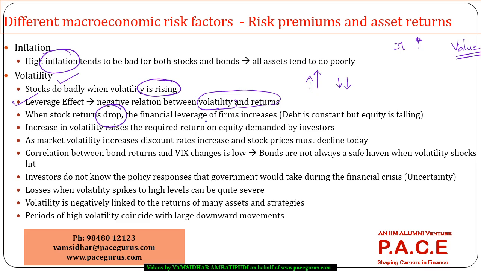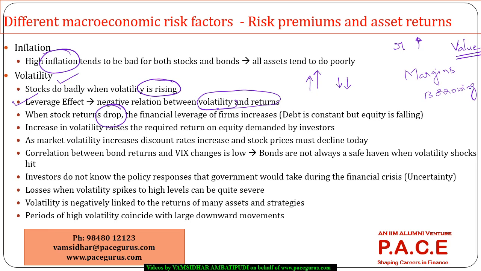So when there is a drop in the stock returns, obviously I need to cover my margins also. When the stock returns fall, I need to cover for my margins. So there is additional borrowing that is going to increase.